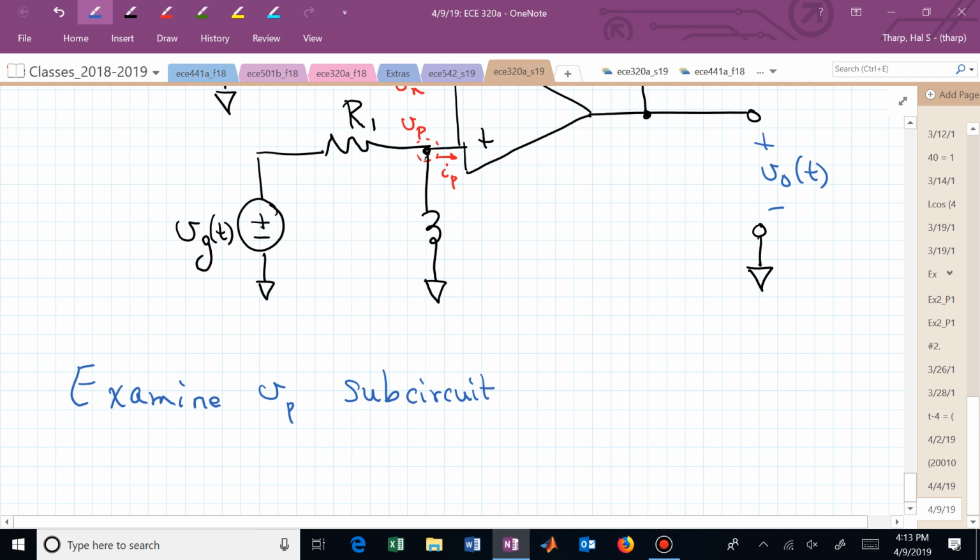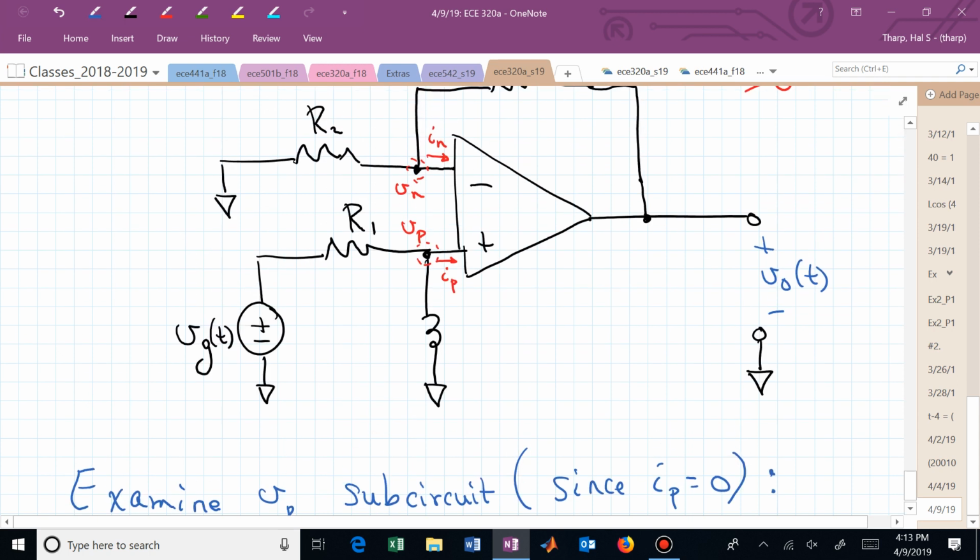The reason we can do that is you just told me that the current going into that non-inverting terminal is 0, and now you can just think of this subcircuit in isolation. It is connected to that, so whatever voltage is at V sub P will get applied to that non-inverting terminal, but there's no current flowing, so it's not loading this subcircuit.